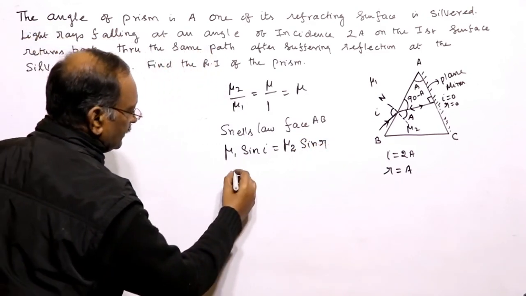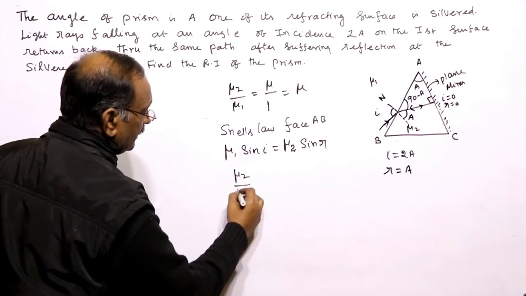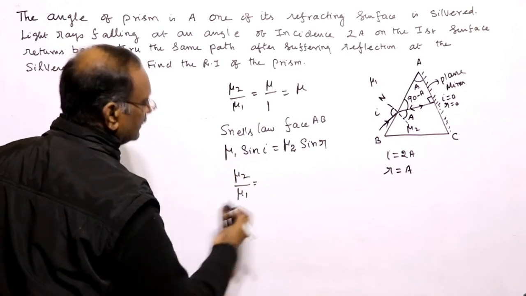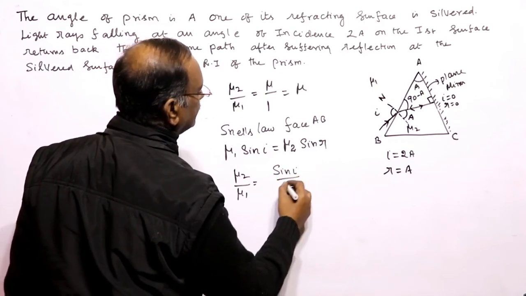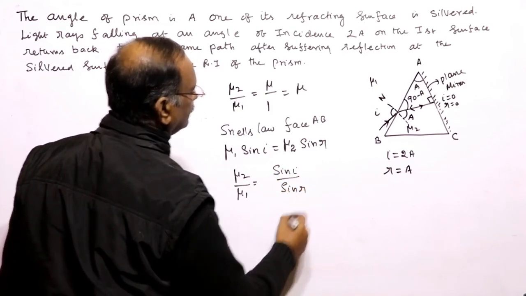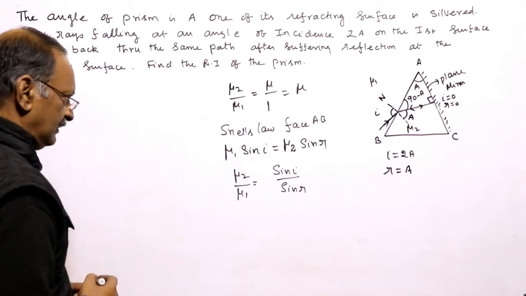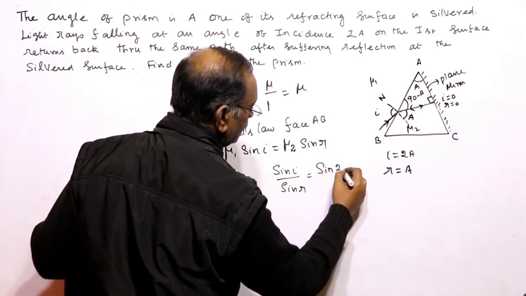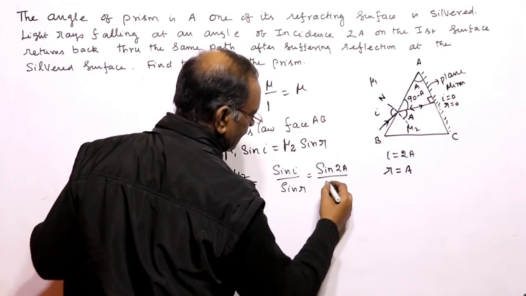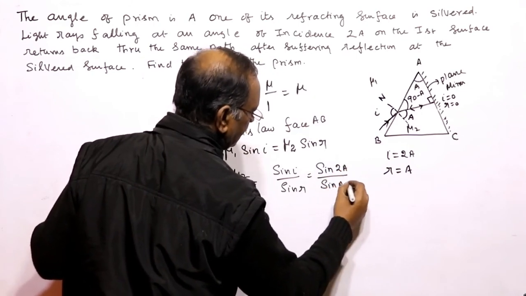Or we can write mu2 by mu1 is equal to sine I by sine R, that is sine 2E divided by sine E.